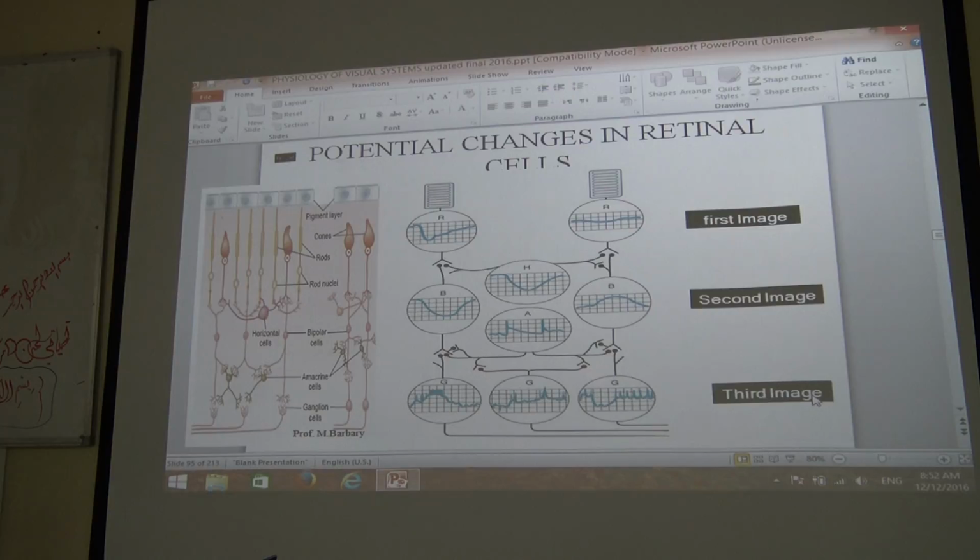Amacrine cells respond by depolarization, and detect the movement of an object against a fixed background. The detection of the object will be stimulated if the object moves against a fixed background. So here we can discriminate some sort of movement of the visible object.